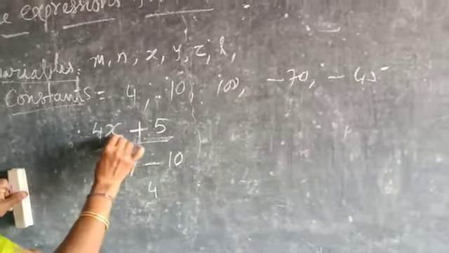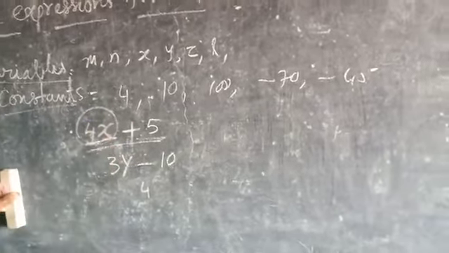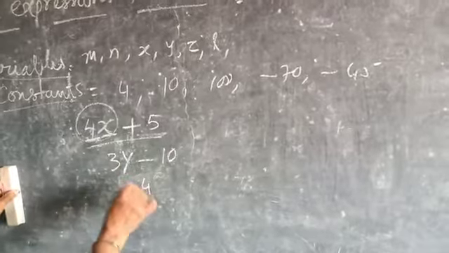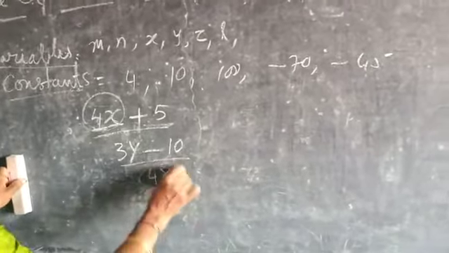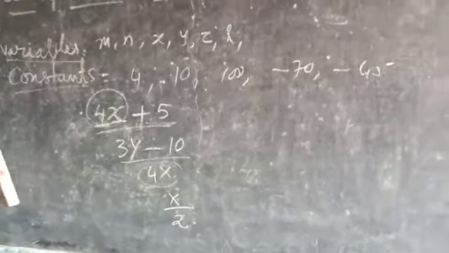This is a variable and it is a constant. A constant with a variable, that expression is called an algebraic expression. This is subtraction, this is multiplication, and this is division.